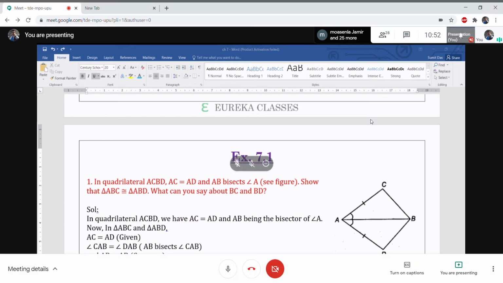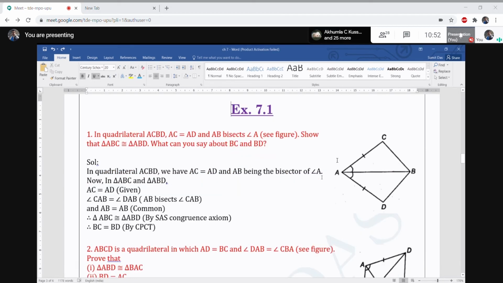Then we'll do the exercise questions. If anyone has any doubt regarding the previous part of these theorems and axioms, let me know. I'm giving you another 1 minute.